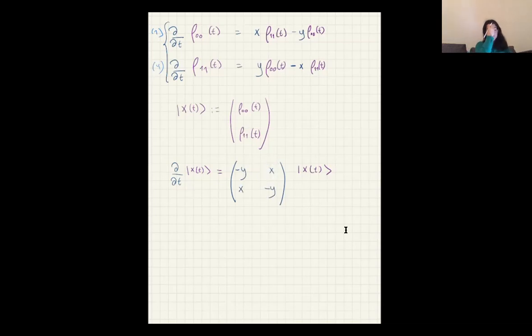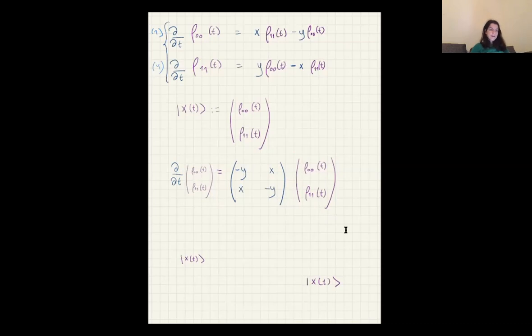You can see that this is the case because, well, if we just replace this here, then you see that they multiply exactly to this thing here.